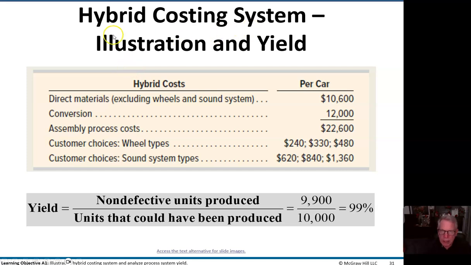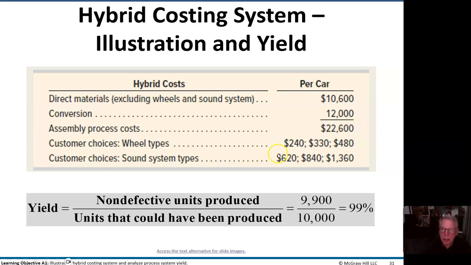So if we look at an illustration here on a hybrid costing system and the associated yield, here we have our direct materials, and that excludes the wheels and sound equipment per car. Then we have our conversion costs, and then our assembly process cost would be the sum of those two.